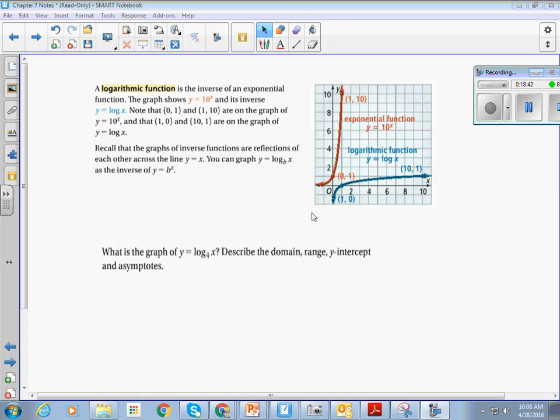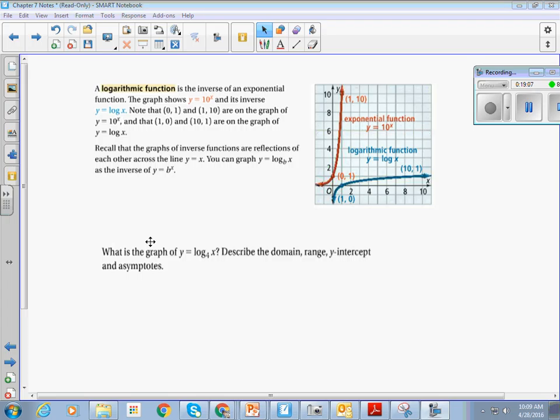Remember, it's symmetric along the line y equals x. (0, 1) and (1, 10) are on the graph of y equals 10 to the x, so flip the x and the y, and (1, 0) and (10, 1) are on the graph of y equals log x. Remember that graphs of inverse functions are reflections across the line y equals x.